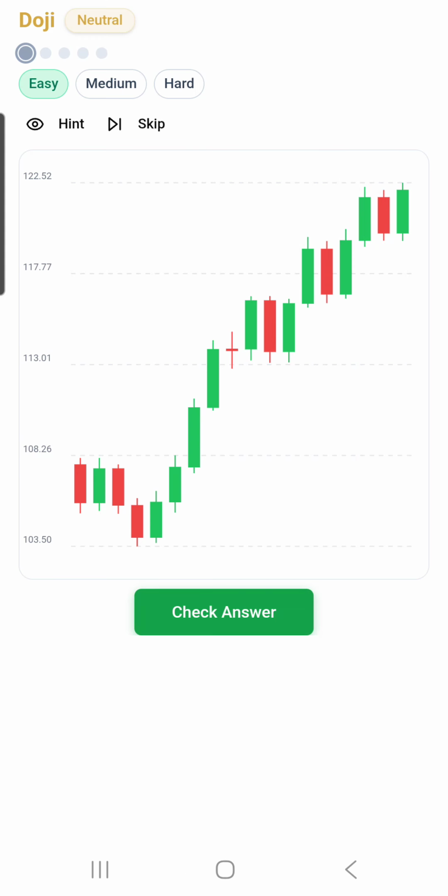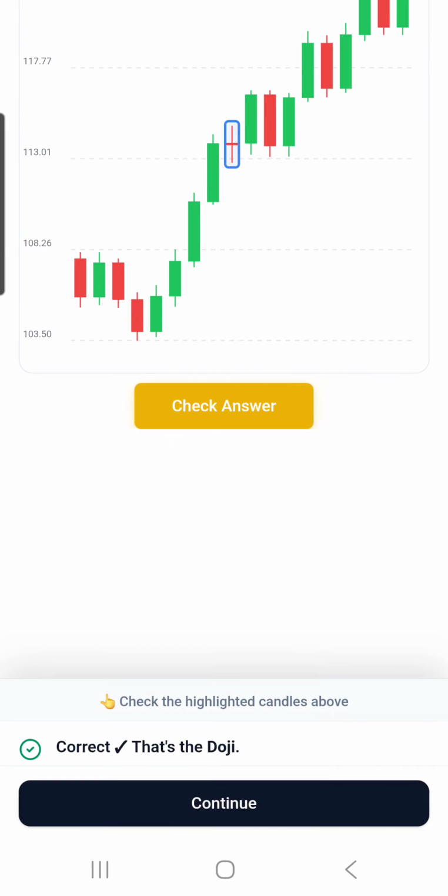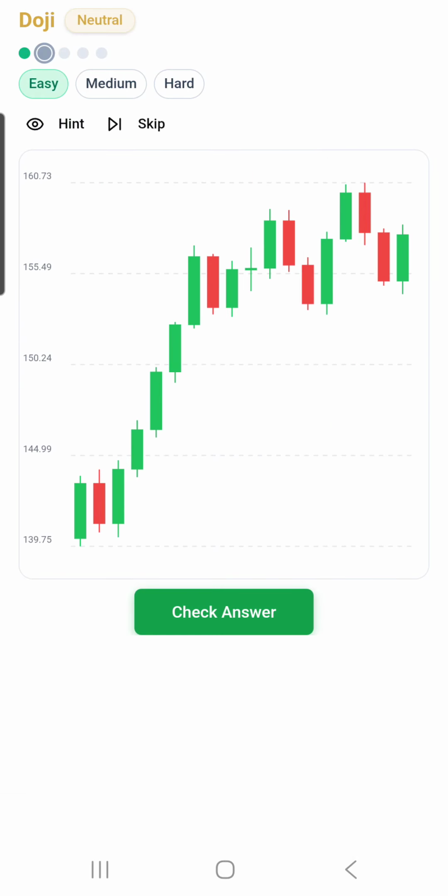So if you go straight to practice here, you can see we have a chart where you just learned what the doji was in that lesson, but then you're tasked with actually identifying it on an interactive chart. So here you find the doji, and you go through check answer, and that's correct.